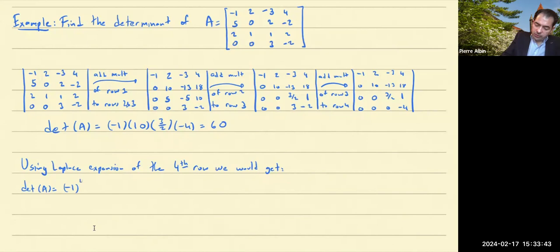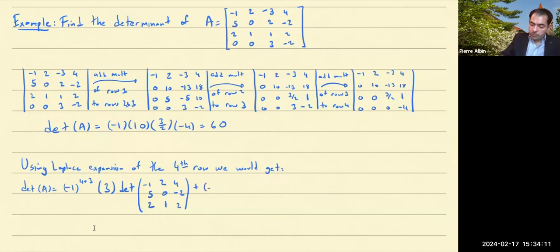So since I start with 4(3), I do -1 to the 4 plus 3 times this one times the determinant of the matrix you get by removing this row and this column, right? So this would be -1, 5, 2, 2, 0, 1, 4, -2, 2, right?